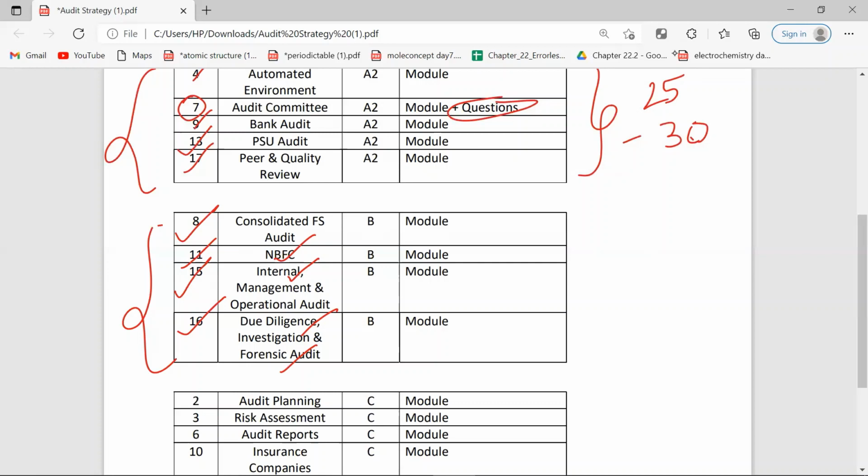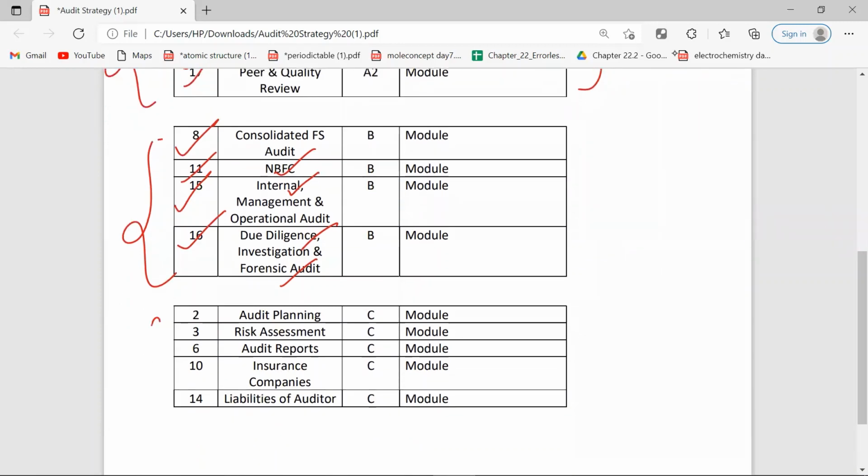Again, in the same category, the same way as I told you above for the A2 chapters, do not waste time doing the question bank because the answer is exactly similar to what is given in the module. And the C category chapters are very less important, because these three chapters are just an extension of the standards. If you have done standards very nicely, you'll again be in a position to answer. And liabilities audit is tested very rarely.